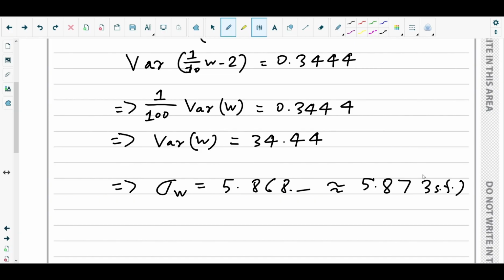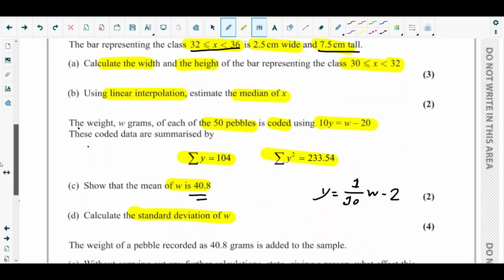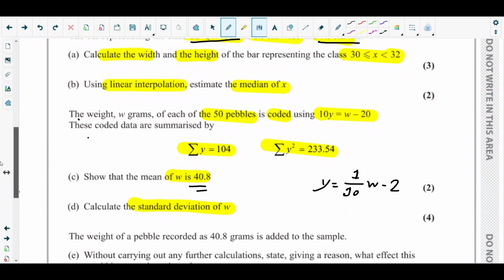Before rounding, how many decimal places do they consider? 1 decimal place or 2 decimal places will do, no problem. So we are done with part D. We got the standard deviation, that is 5.87.